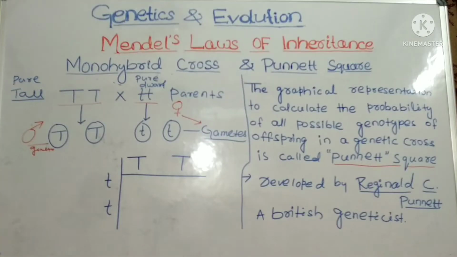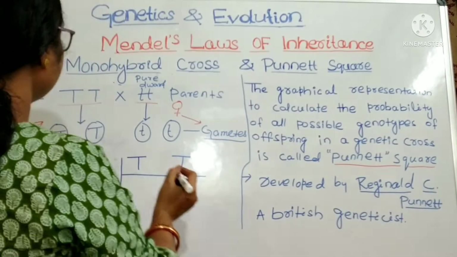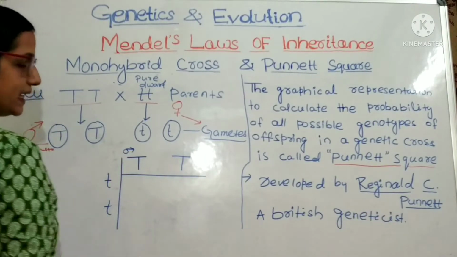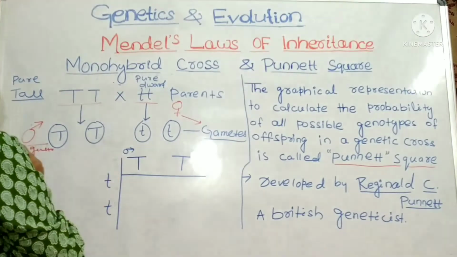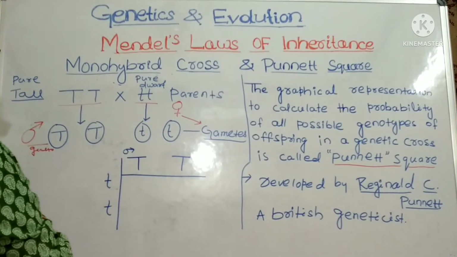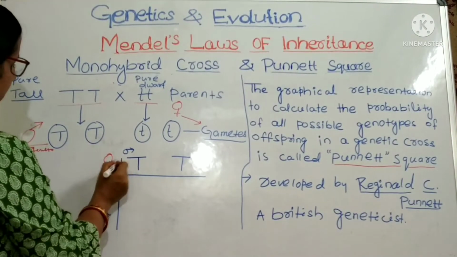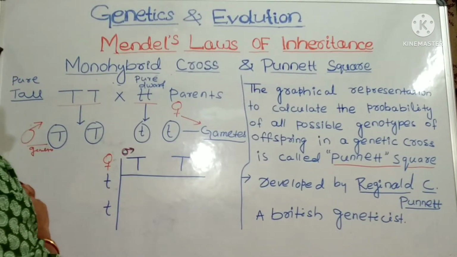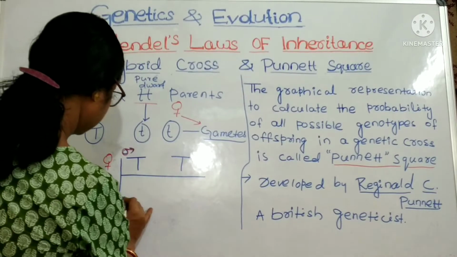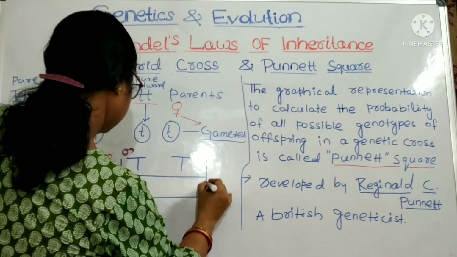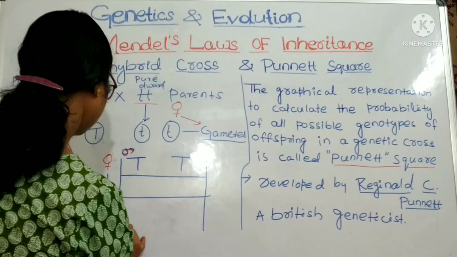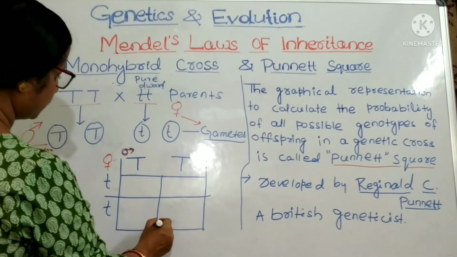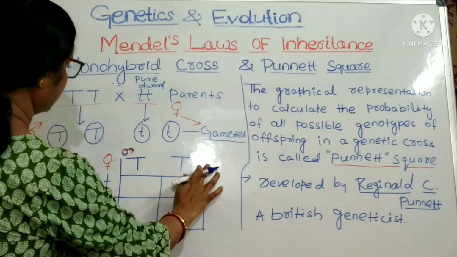So Punnett keeps the male gametes in the horizontal direction and the female gametes in the vertical direction. Okay, and he created a square or box.